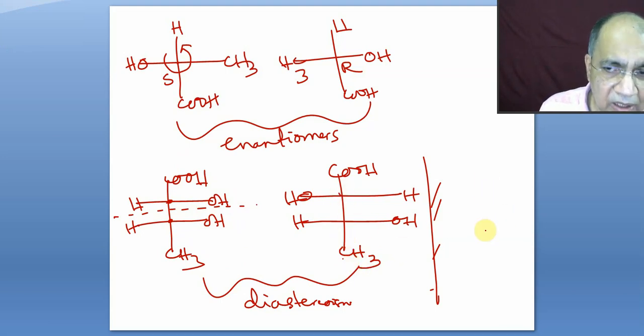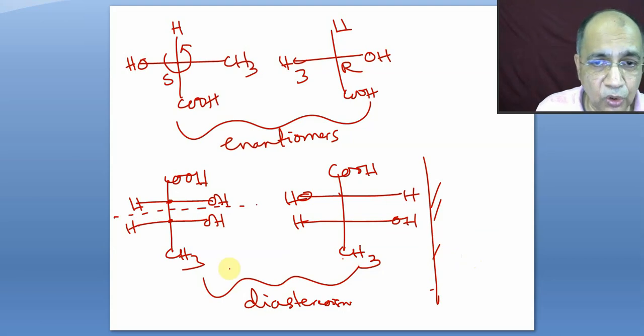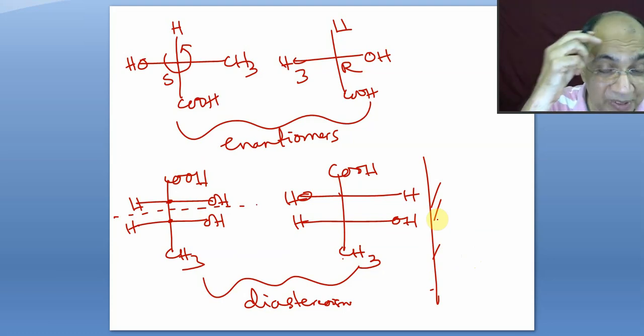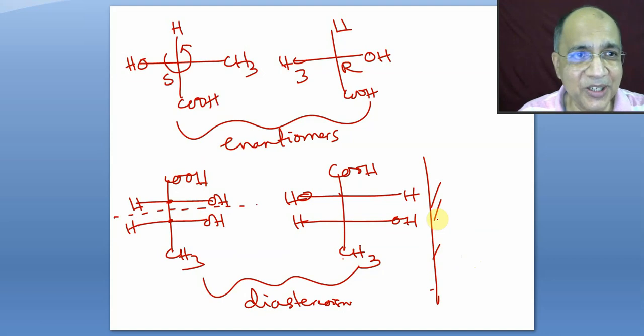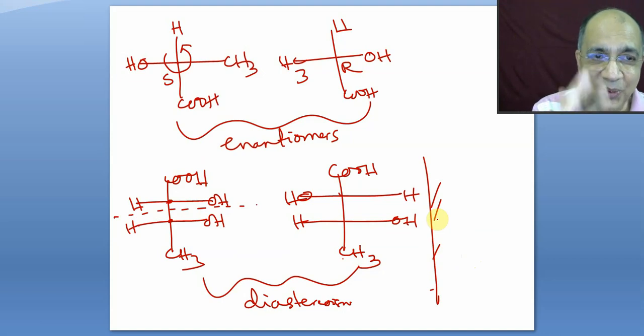If it is RR, the mirror image is SS. And as you know, one of these and one of these are related as diastereoisomers. So, if the reaction is diastereoselective, then you will find two diastereoisomers in the product, and one of them is in larger quantities.